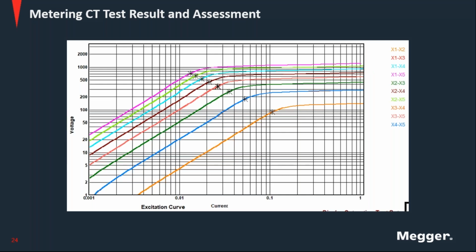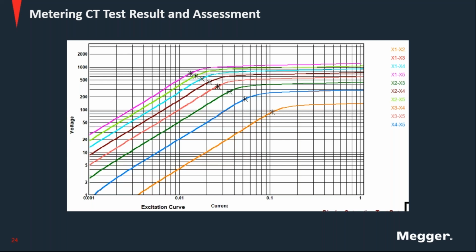The saturation test is performed up to 1 amp to avoid damage, because we are doing it from the secondary side. And part of the assessment is to evaluate the conditions of the instrument transformer under fault conditions like 20 times or 200% of the rated current.